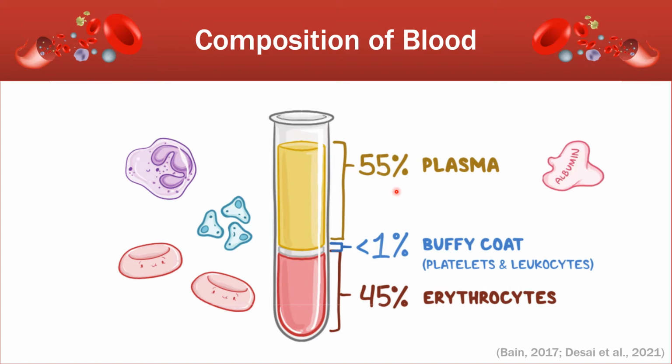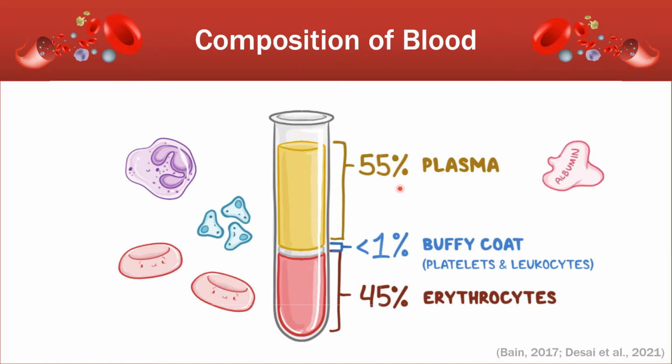And plasma's main job is really to carry many different components throughout the blood. It's actually mostly composed of water, and then it also has proteins, ions, nutrients, and waste mixed into it, which kind of makes sense.